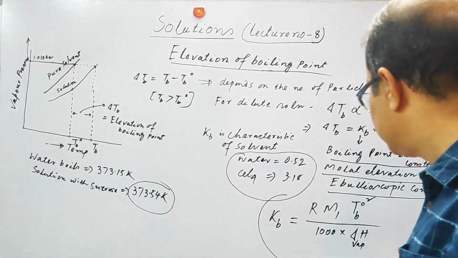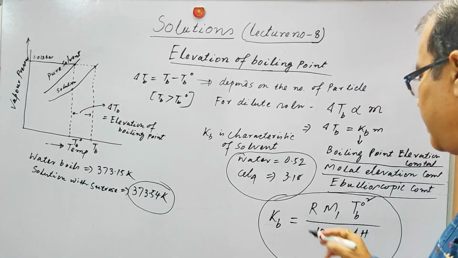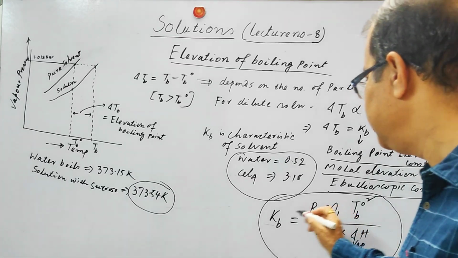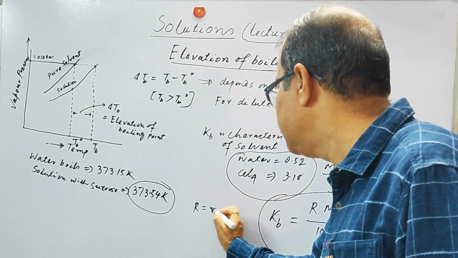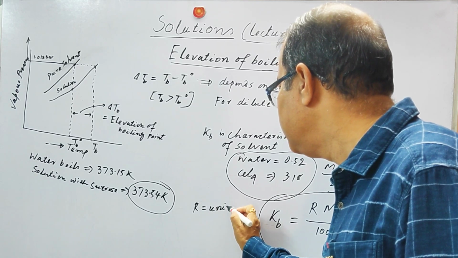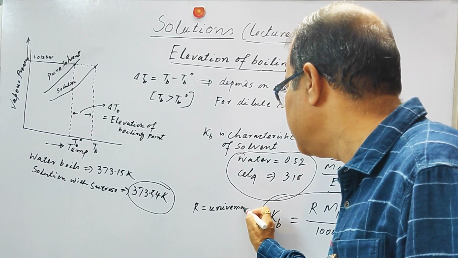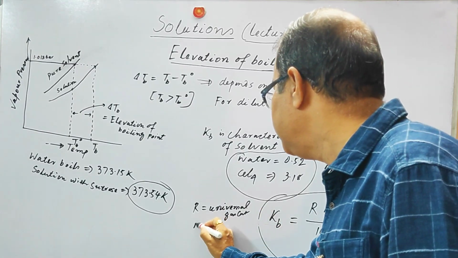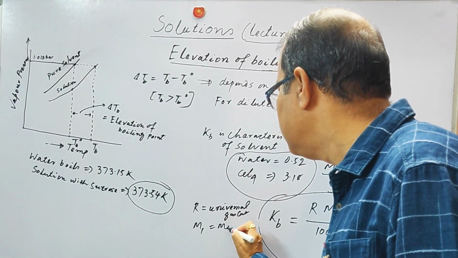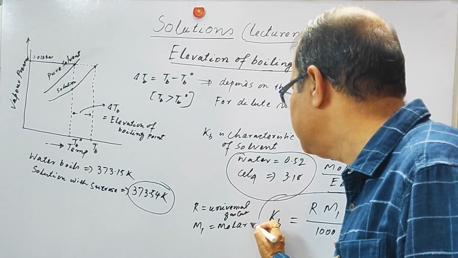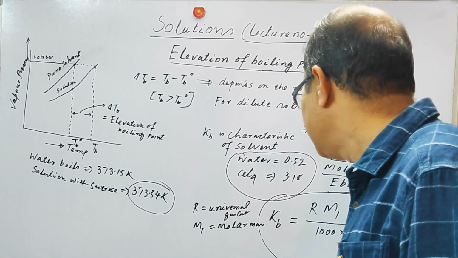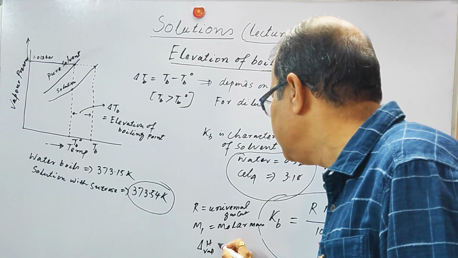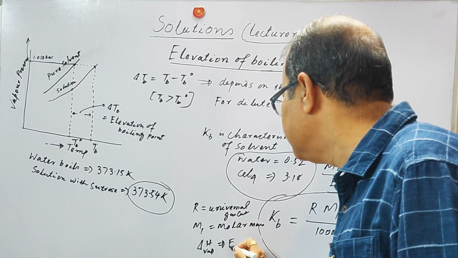Here R is the universal gas constant, M1 is molar mass of solvent, and delta H vaporization is enthalpy of vaporization.